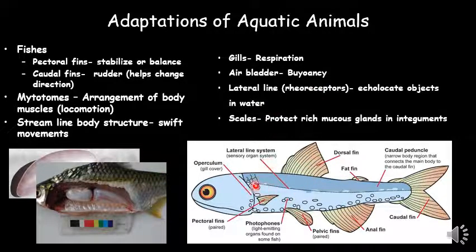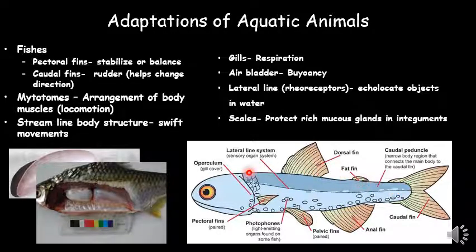And this line is known as the lateral line. Almost every fish has this lateral line, which performs as a rheoreceptor and helps to echolocate its object. Say, for example, if it wants to detect food, it will use this rheoreceptor. And if you take sharks and other fishes, the lateral line present in sharks helps to detect water pressure.